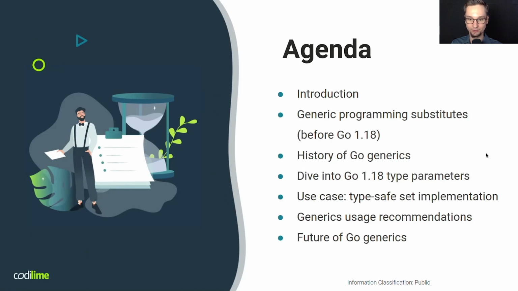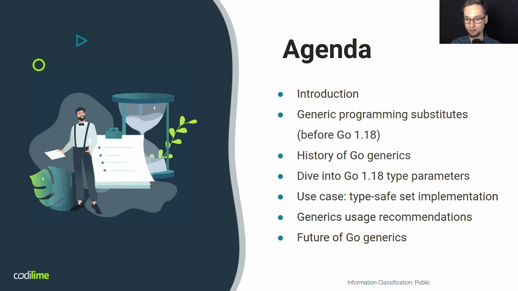Here's the list of topics that I'd like to talk about today. After a short introduction, I'll talk about generic programming substitutes, which is a list of techniques we use to make generic code before Go 1.18.